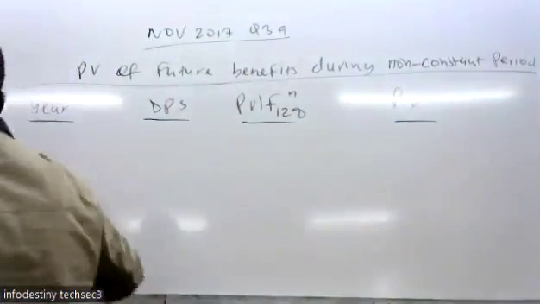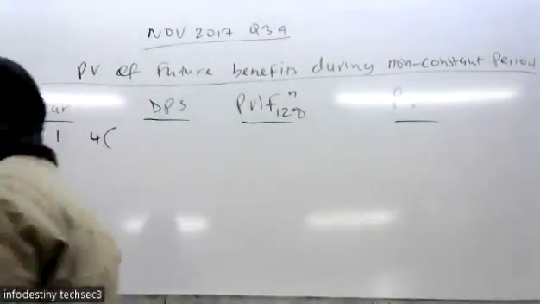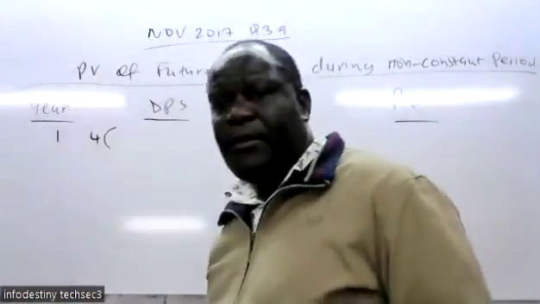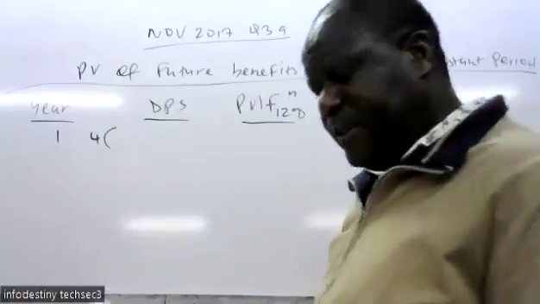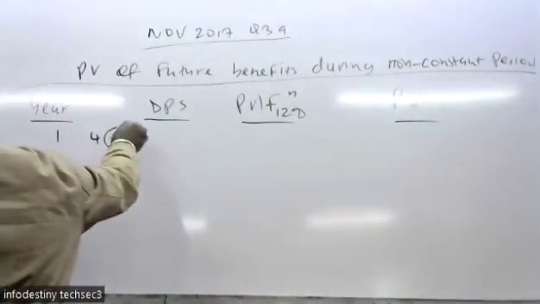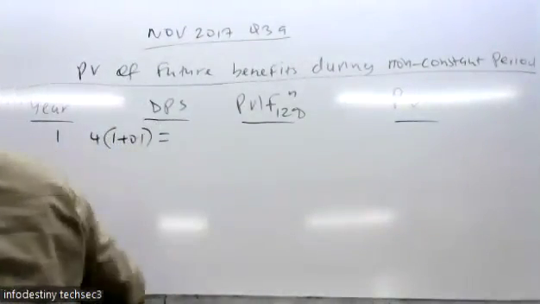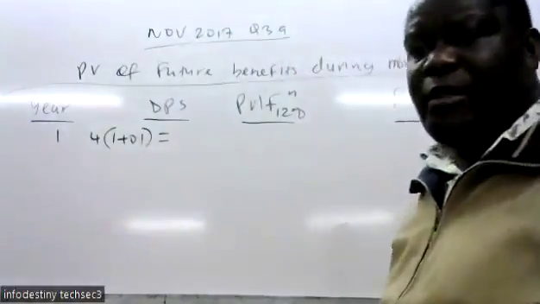So year one, the dividend per share was 4 shillings. We increase that figure by 10%, which is the same as 1 plus 0.1, so that we get the dividend per share for year one.